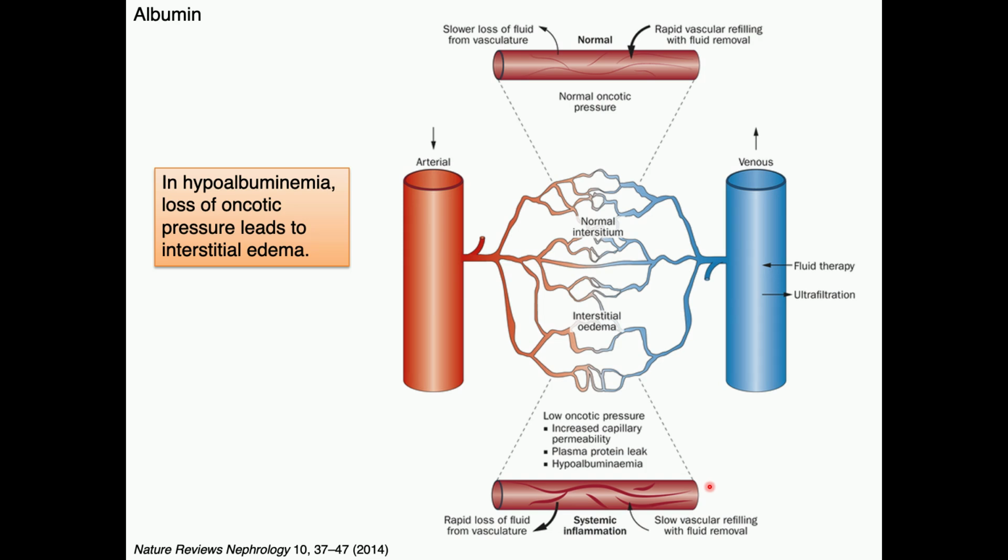So you're going to get loss of fluid on the arterial side, and then you're not going to get enough refilling of it on the venous side. That results in the accumulation of fluid in the interstitial tissue, which results in the edema and that swollen belly. That's the hallmark physical exam finding of pediatric kwashiorkor.